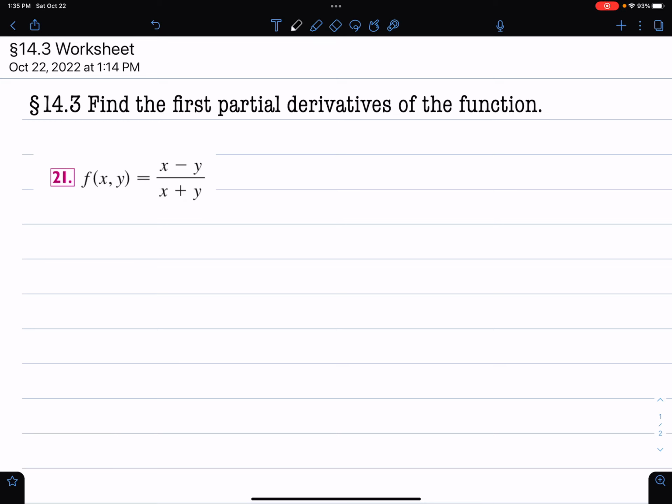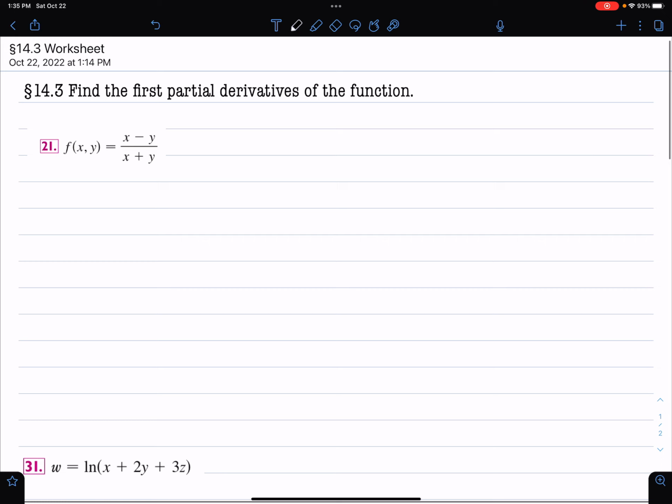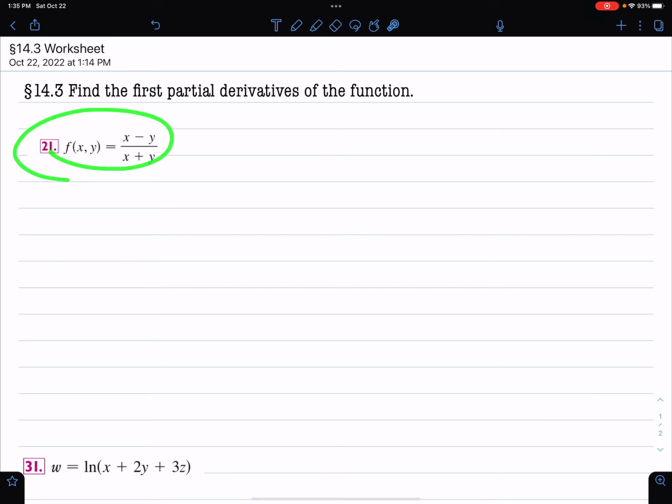Hi everyone, in this video I'm going to find first partial derivatives of two functions, and I'll just start on this first one and then there's another one down here. Okay, in this first problem we're going to use the quotient rule.